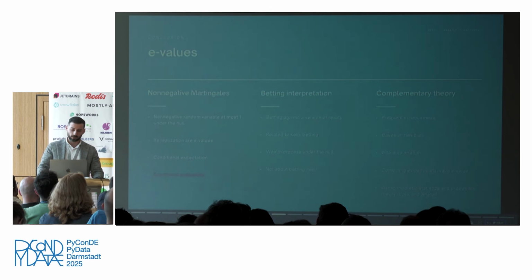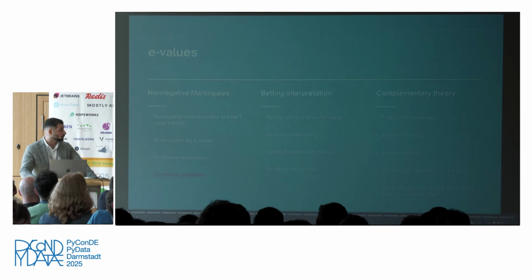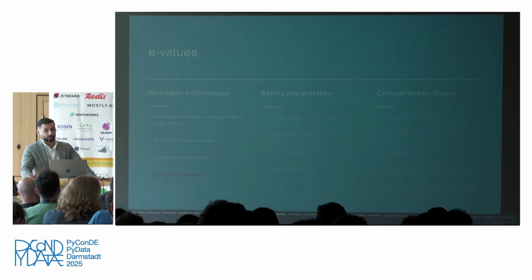As I mentioned before, we're speaking about conditional expectations under the null hypothesis. Whereas for p-values, we're speaking about conditional probabilities under the null, where p-values are the probability to observe something extreme or more under the null. It's not about the probability of the hypothesis being true.